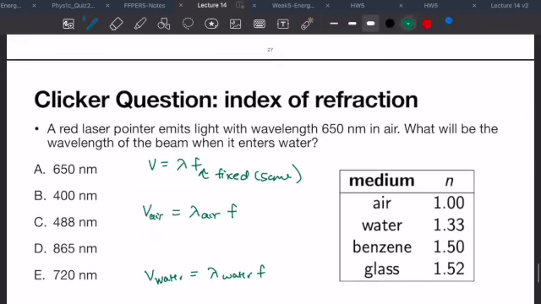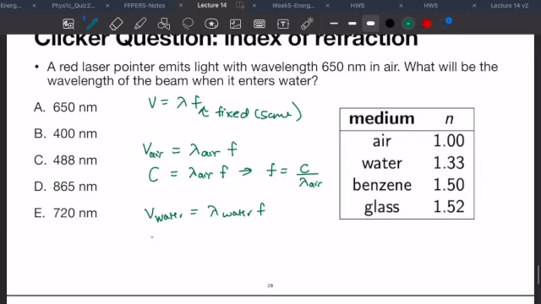Well, we know what the speed of light in air is. It's just c equal to lambda air times f, where lambda air is given to us. So if I solve for f in this equation, I get f is equal to c divided by lambda air.